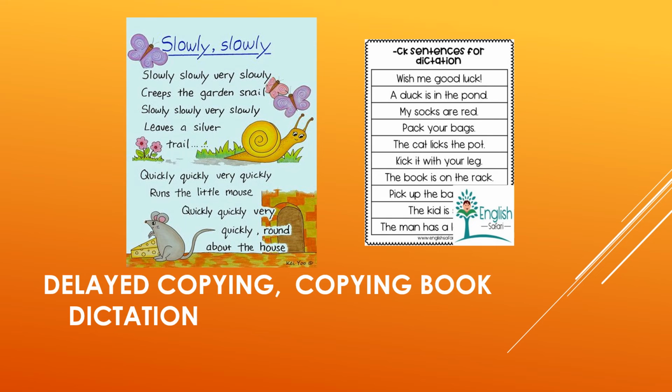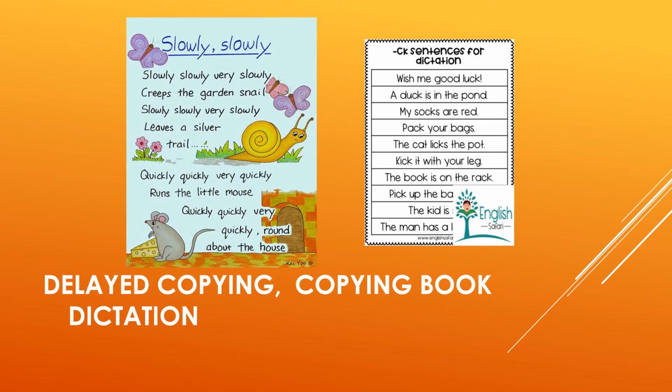This is what we call delayed copying. So we delay them to copy. Or if it is too long, you can ask them to close the first paragraph using some paper, and try to write it down. Okay, so it can be copying books.